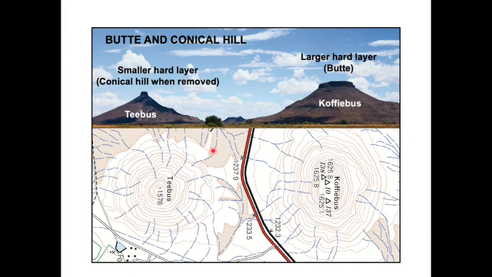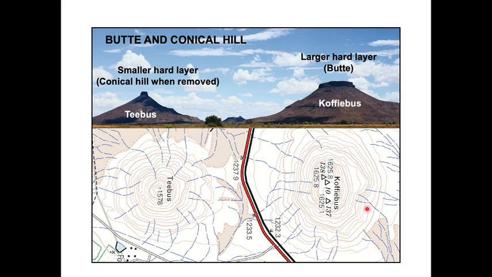But we've also learned that you can have a butte and a conical hill. Now, what do they look like on a topographic map? These two are perhaps the two most well-known buttes in South Africa. They are called Teebus and Koffiebus.